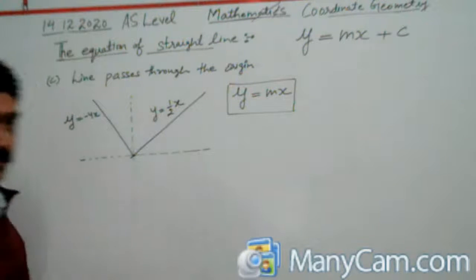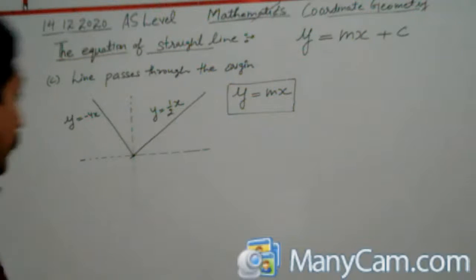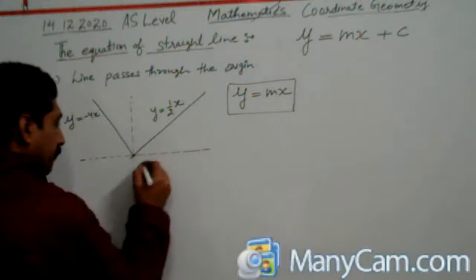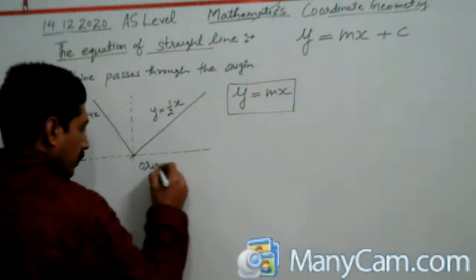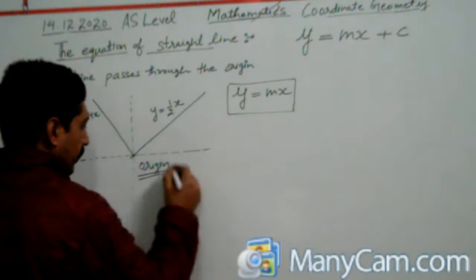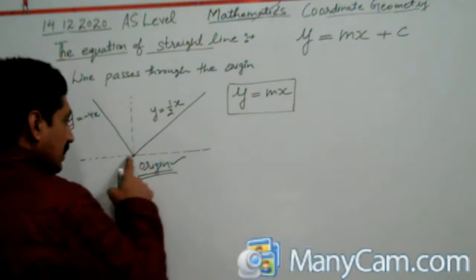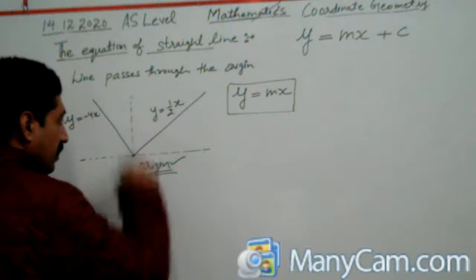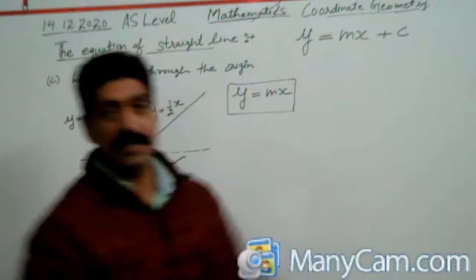These two lines, y is equal to minus 4x and y is equal to half of x, if we plot their graphs, the lines will pass through the origin, right? Whereas when these lines intercept the y-axis at another point, then we will have the value of c.